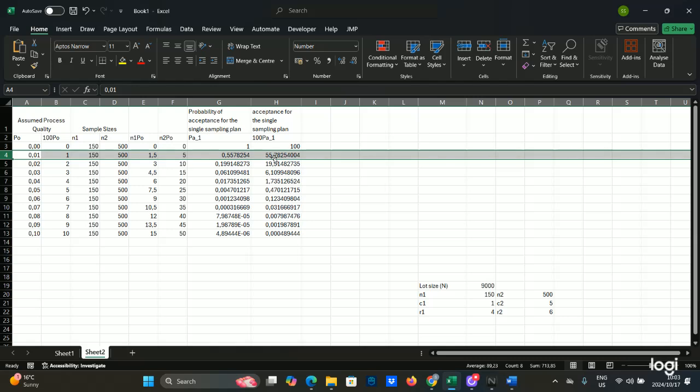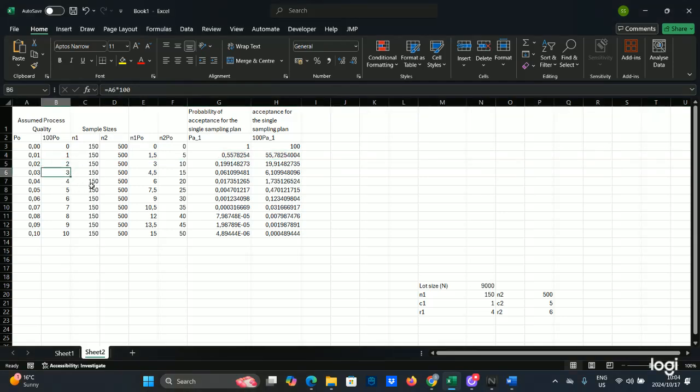And if they found three or more, say three defectives or four defectives in that sample, as you can see, the chances of acceptance keep going lower. If they find two defectives, the chance of acceptance is 19%. And if they find three defectives, the chance of acceptance goes even lower, to 6%.